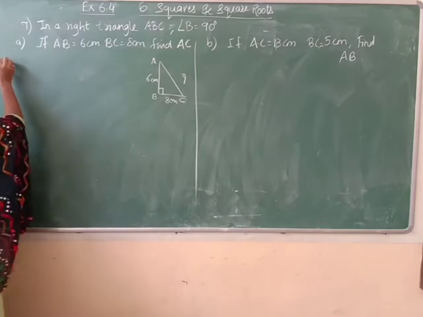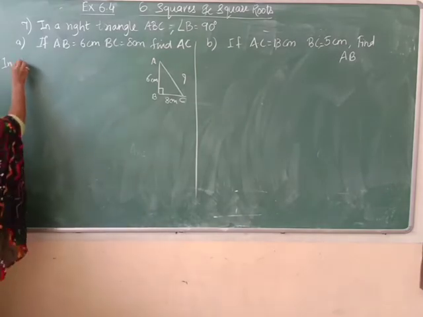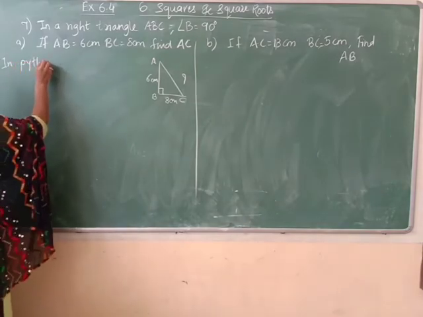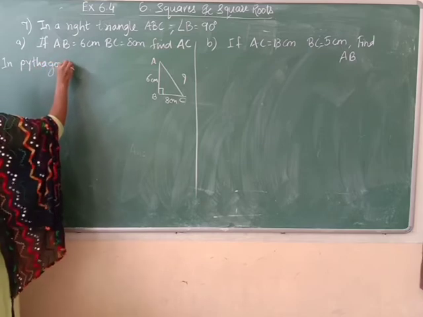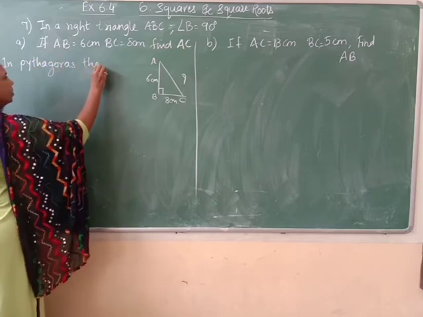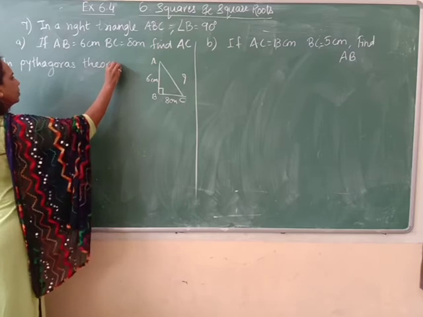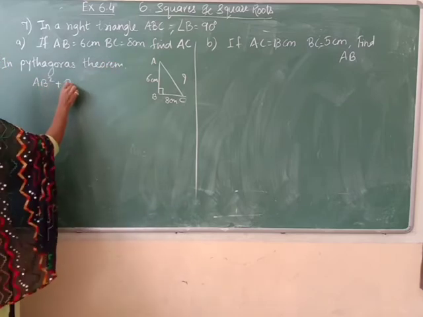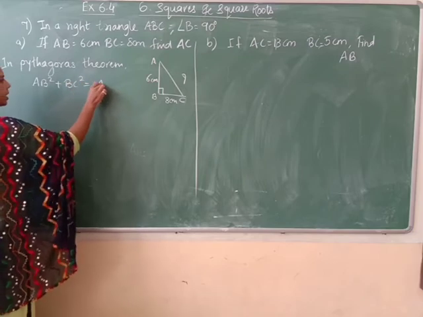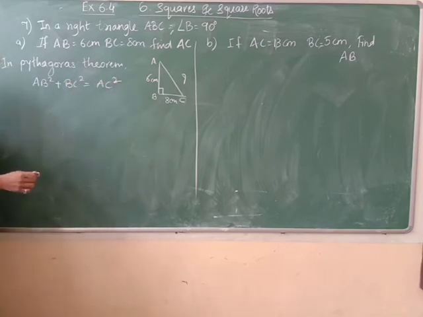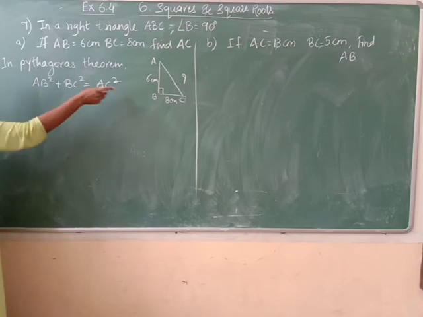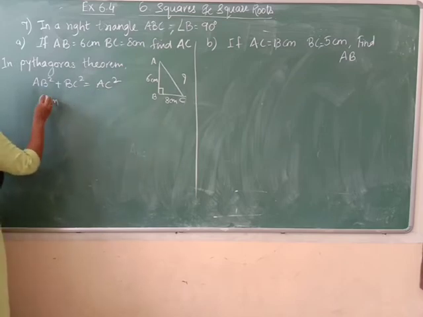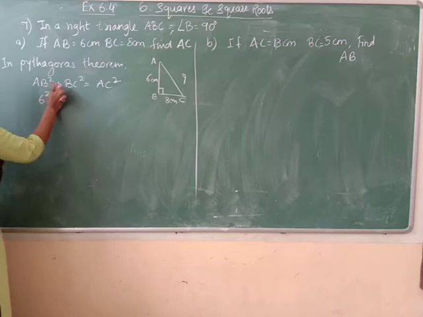So, according to the Pythagoras theorem, AB square plus BC square is equal to AC square. Okay, so already AB we are having 6 cm. So it is 6 square.